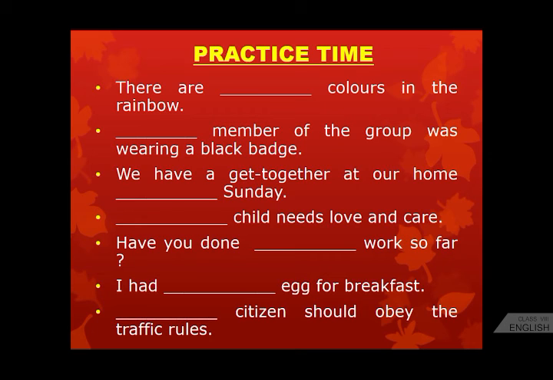As the noun is singular and the word begins with a vowel sound, we have to use I had an egg for breakfast. Last one, dash citizen should obey the traffic rules. Here citizen is talking about indefinite numbers, so we have to write every citizen should obey the traffic rules.